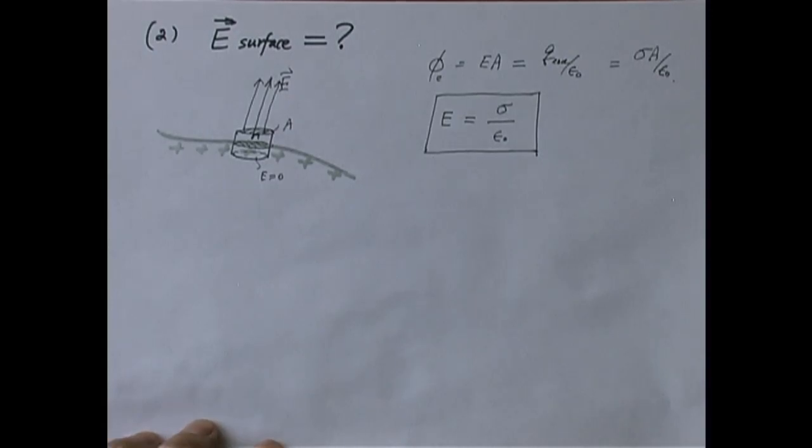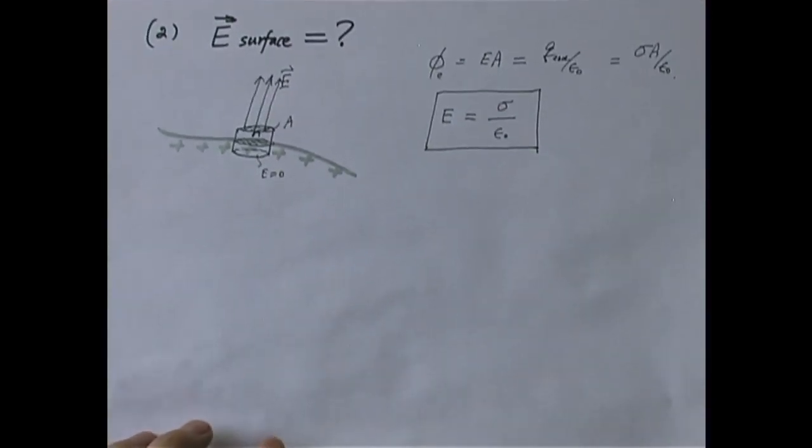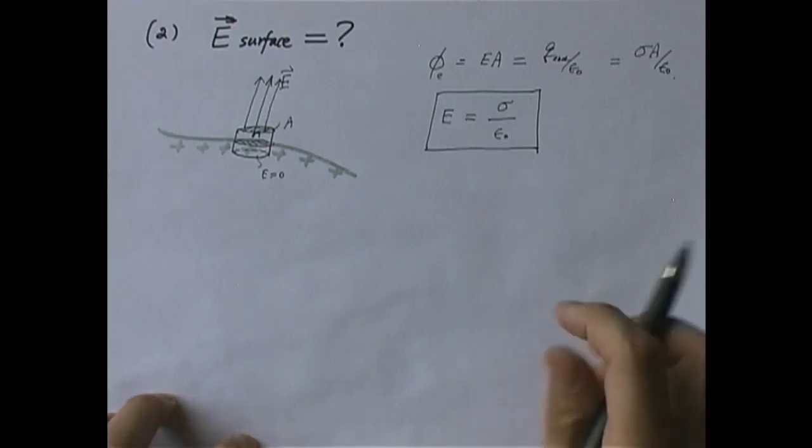Now that we discussed the two major types of applications of Gauss's law, one for systems with a high degree of symmetry, and the other for ideal conductors, we're going to take a look at some further examples. But before we do that, we have some loose ends to tighten.